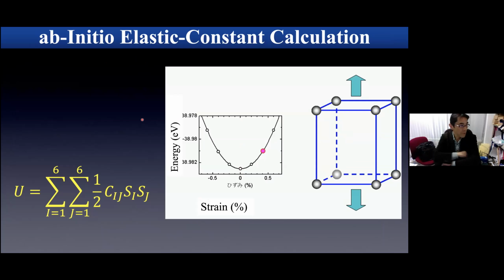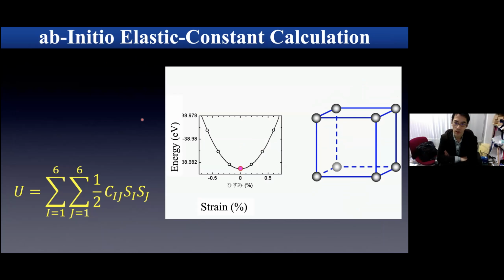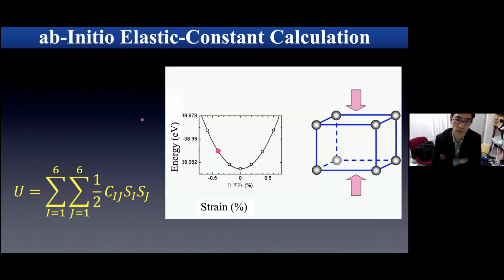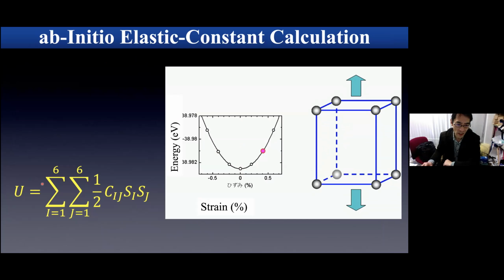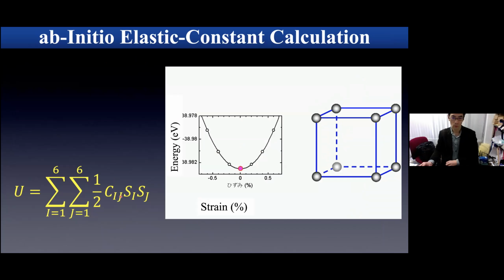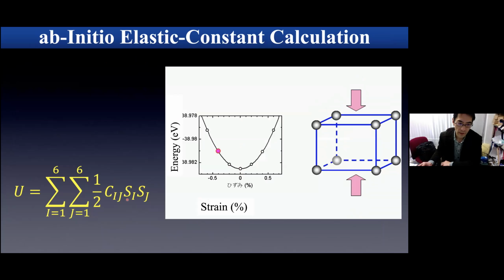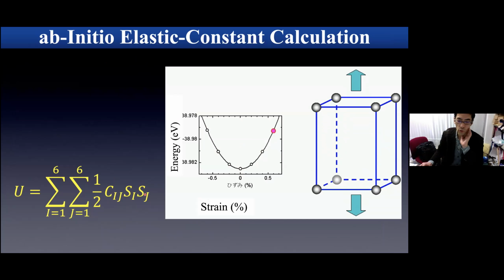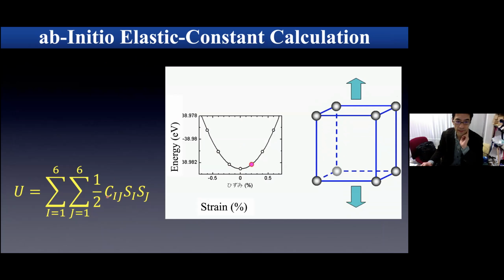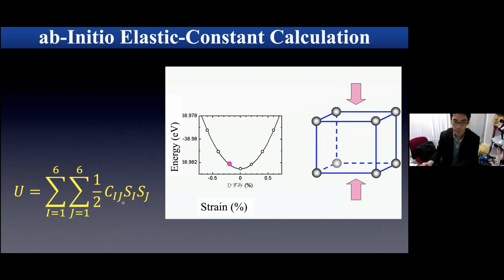Finally, briefly, I will explain the calculation method of the elastic constant using the ab initio calculation. Because the internal energy is expressed by this equation, relating strains and the elastic constant, by calculating the energy while changing the strain, it is possible to determine the elastic constant theoretically.